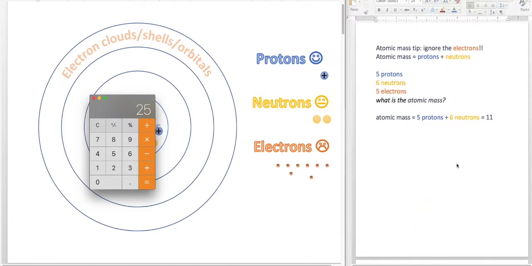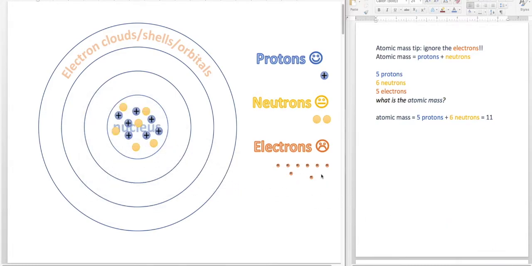Another reminder, I mentioned this earlier, but you will sometimes be given the number of electrons, and you have to remember to ignore that. If you're given them and you're asked for the atomic mass, then please don't fall into the trap of adding the protons, neutrons, and electrons. So in this case, that would give you 16.